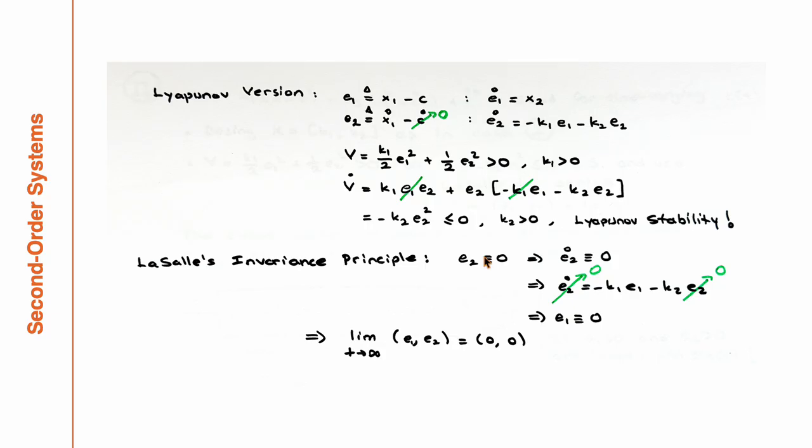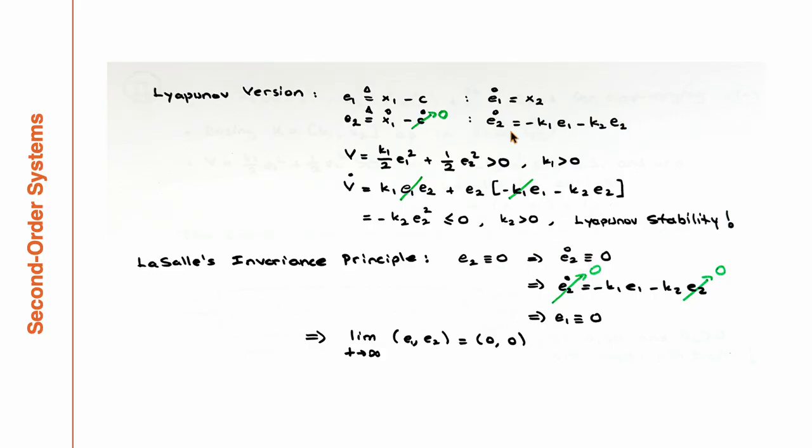So we would like to further analyze this Lyapunov analysis by recalling LaSalle's invariance principle. LaSalle's invariance principle looks at what happens when V dot is 0. So V dot is 0, my energy stops, when e2 is 0. Now when e2 is 0, e2 dot is 0.